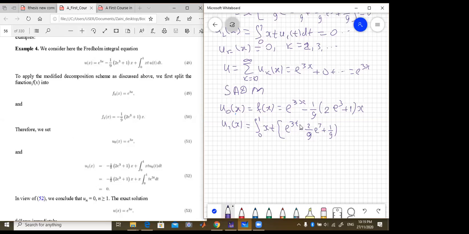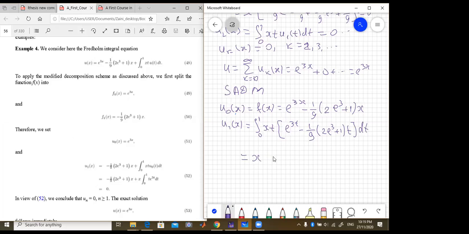Because this is a constant actually, it is better to leave it as it is, 1 over 9 (2e cube plus 1) t, then dt. So I have to compute.